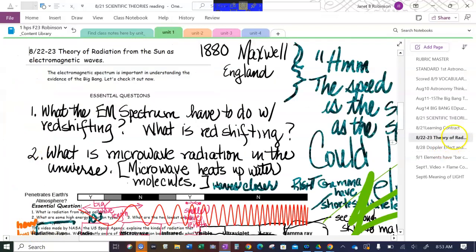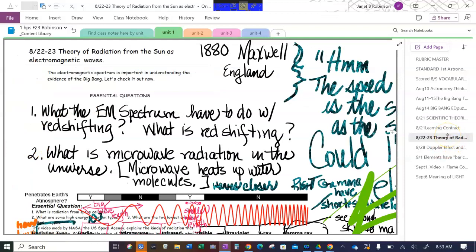Now, one of the ways that AVID promotes learning content, and it's especially important in science, did you notice how we kind of hit the same thing over and over, but in slightly different ways? So we're looking at evidence. Mostly, we're talking about the Big Bang Theory and the evidence.